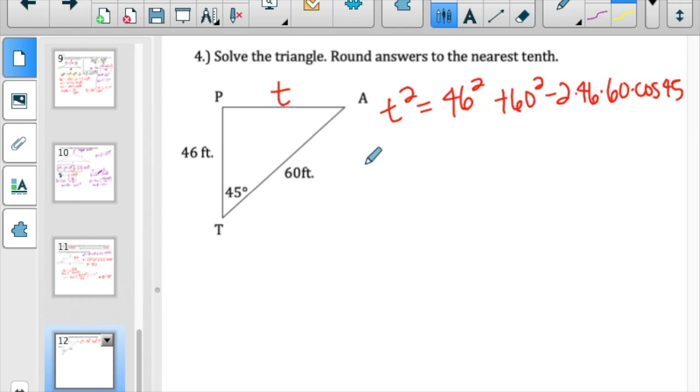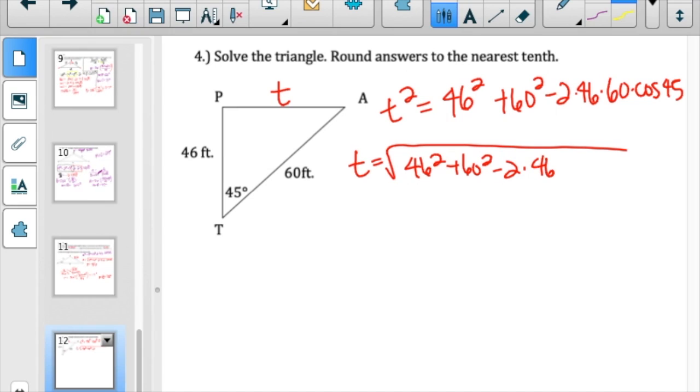So again, what you're going to type into your calculator, let's practice this one more time. T is going to equal the square root of 46 squared plus 60 squared minus 2 times 46 times 60 times the cosine of 45.